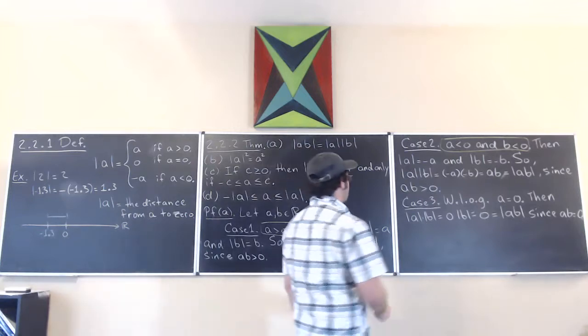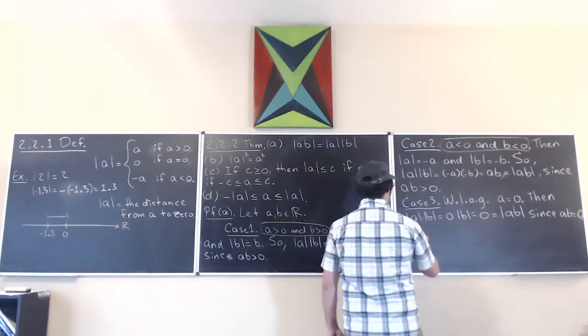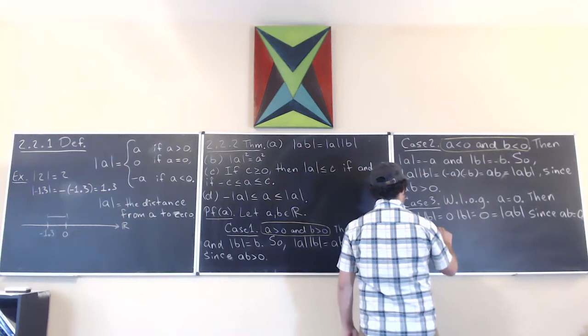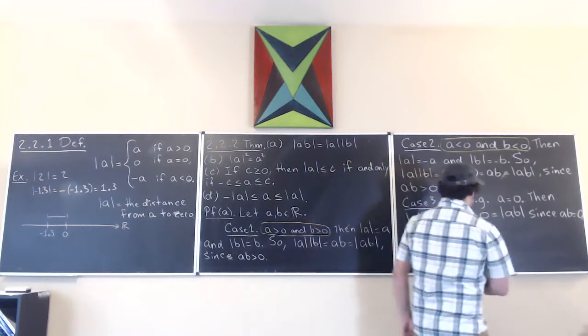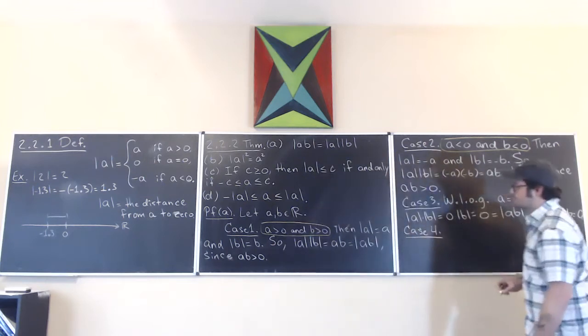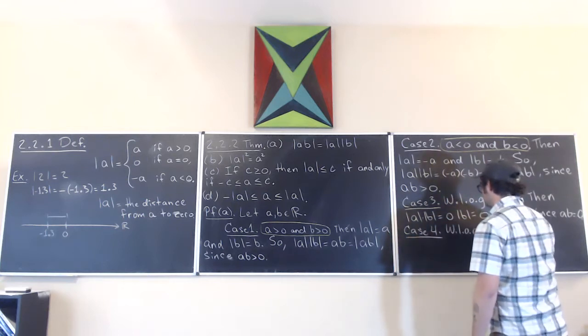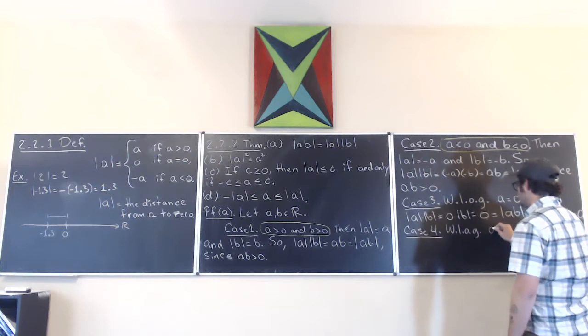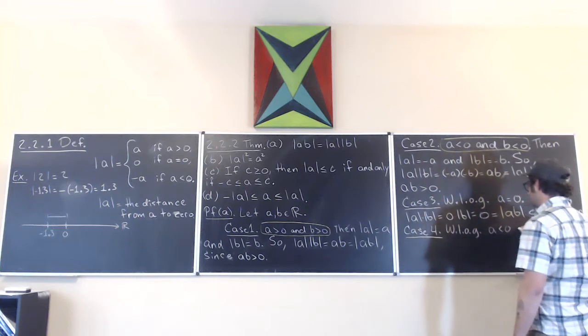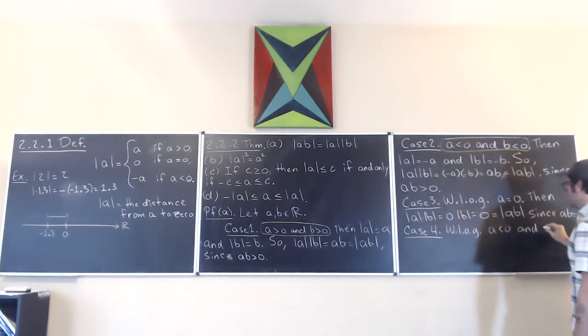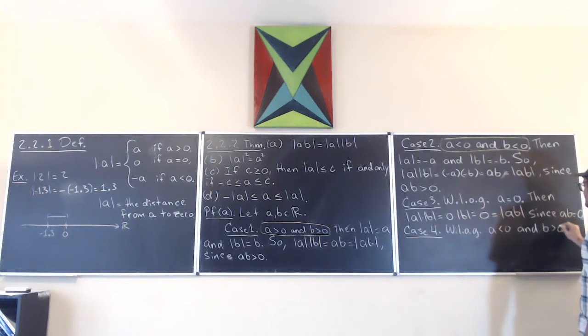And then case 4, we can have, again, without loss of generality, we can say A is less than 0 and B is greater than 0.